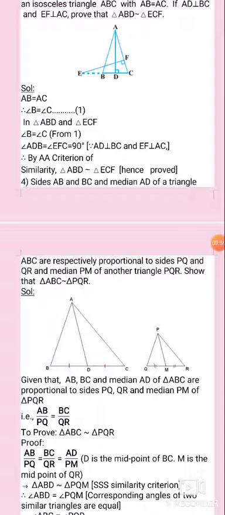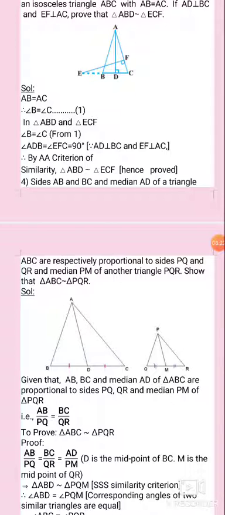Listen, the sides are in proportion: AB by PQ is equal to BC by QR. Now we need to prove triangle ABC is similar to triangle PQR. For that, the first condition: AB by PQ is equal to BC by QR is equal to the median AD by PM.